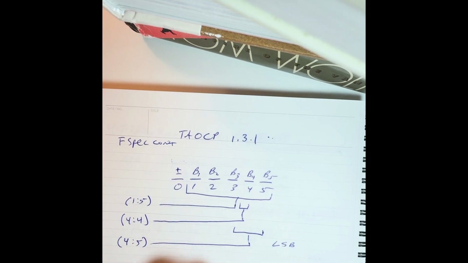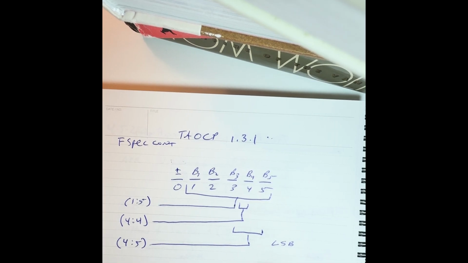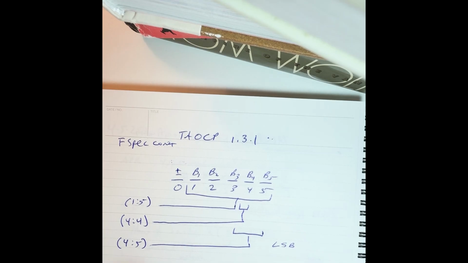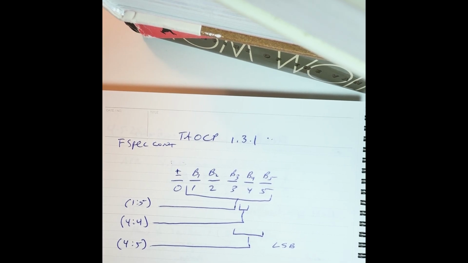Each field spec L:R is represented in the machine as one number, which is 8 times L plus R.